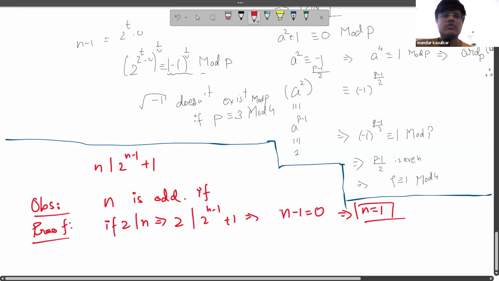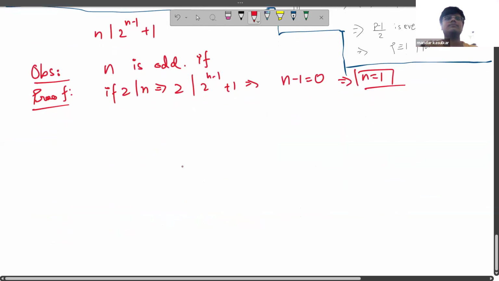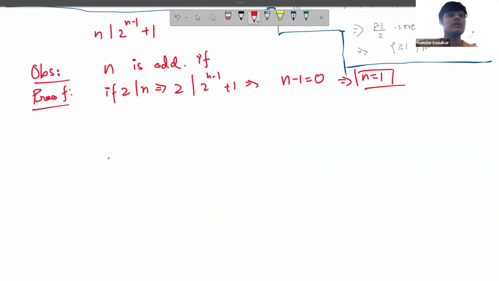In this case as well, we get that n is odd only. So we get a contradiction, parity stuff. Wait, what? Am I coping? Okay, I'm not coping. Nice. So we have that n is odd.